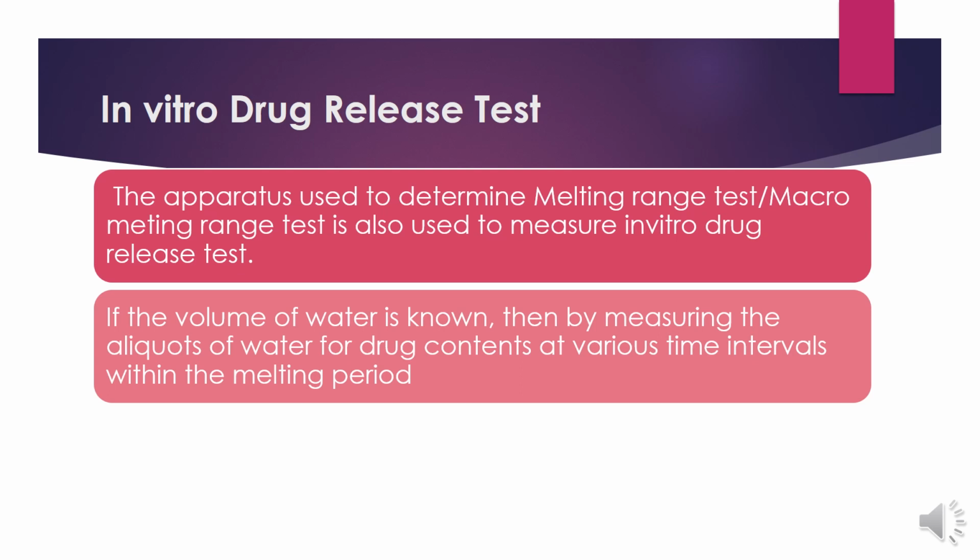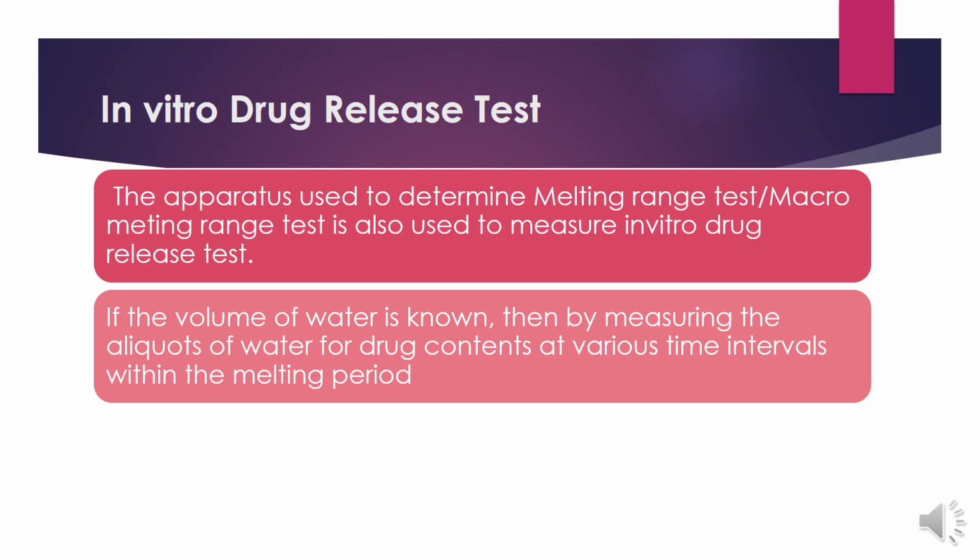During the melting period, you take aliquots, or samples of the water, for spectrophotometric analysis or chromatographic analysis. You test the samples at different time intervals within that melting period and evaluate the drug content released by the suppository.